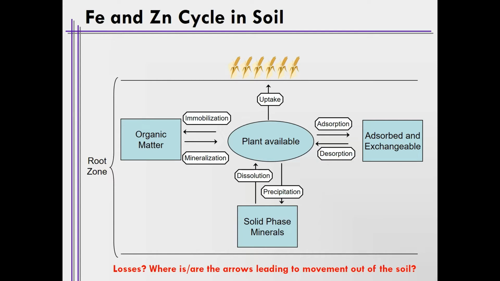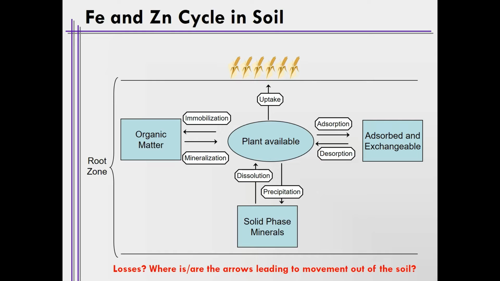The pool in the center is the plant available pool. This is the pool from which plants derive iron and zinc. The concentrations of iron and zinc in the plant available phase are relatively small or low, and that's a disadvantage to plants. But where are iron and zinc found? They're found in the other 3 phases.